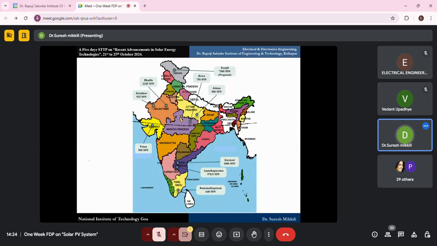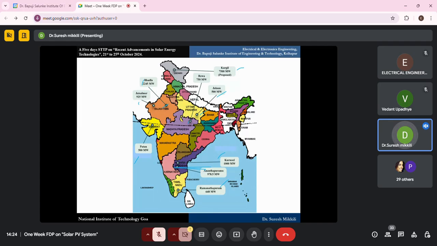So where we have, okay, Bhadla in Rajasthan, Jaisalmer 925, Patna we have, then even Kadapa they have proposed 7,500. Even Rewa we have in Madhya Pradesh, then Uttar Pradesh Jalaun is there. Okay, then in Andhra Pradesh two plants are there, one is Kurnool, one is in Anantapuram, then Tamil Nadu, Ramanathapuram.